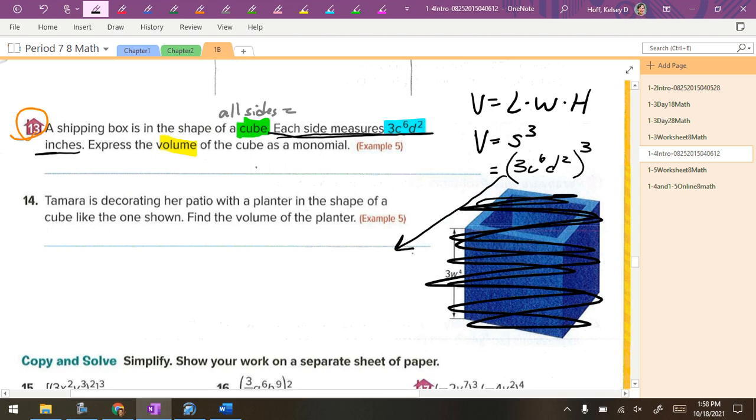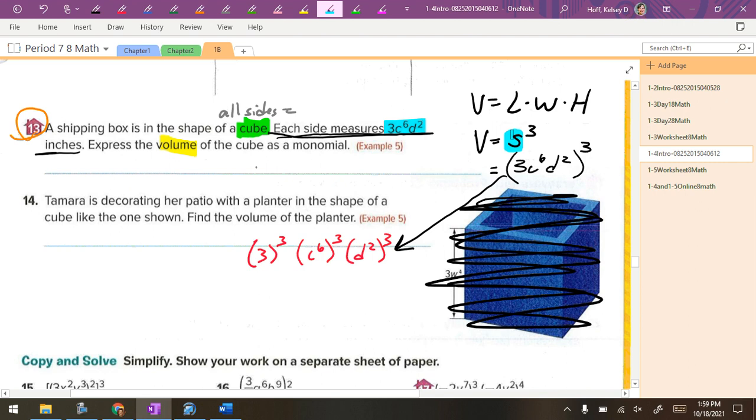If I have that cubed, what's my next step? Awesome. So that outside 3 has to get shared. This is an S, not a 5.